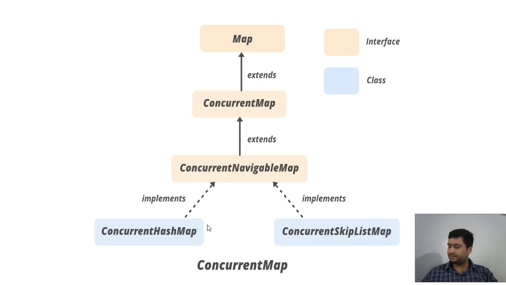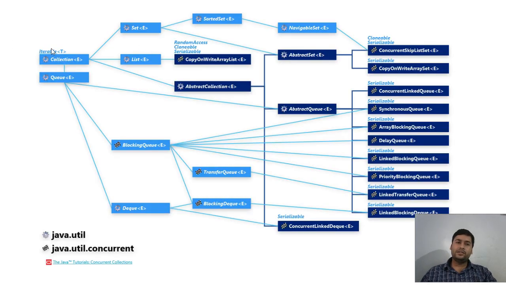Clear? Here, if you talk about the collections, which are list, set, queue or blocking queue, in that scenario lots of enhancements happened inside the java.util.concurrent package, and they have come up with lots of classes: ConcurrentSkipListSet, CopyOnWriteArraySet, ConcurrentLinkedQueue, SynchronousQueue, ArrayBlockingQueue, DelayQueue, LinkedBlockingQueue, PriorityBlockingQueue, LinkedTransferQueue.